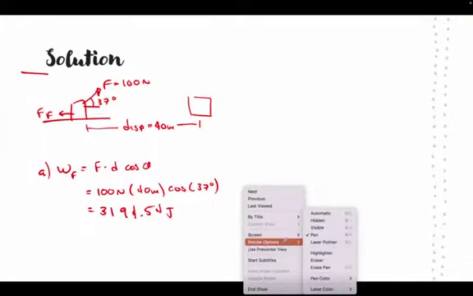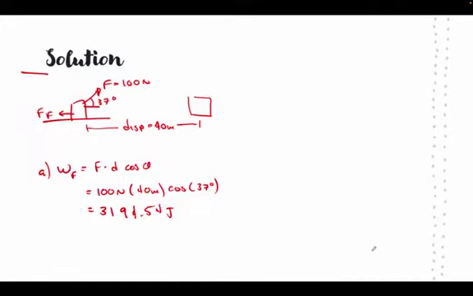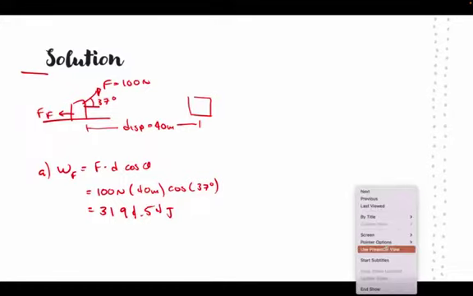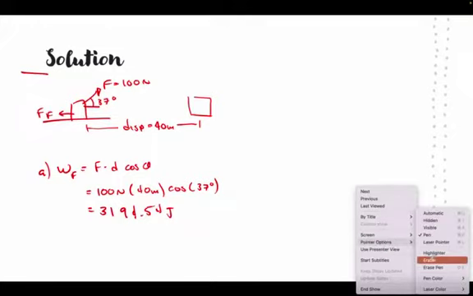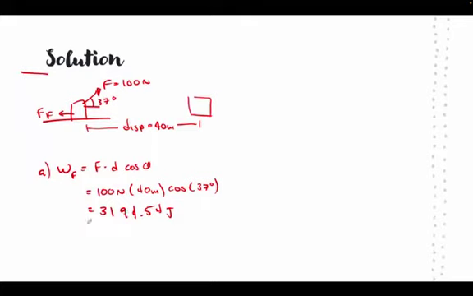Now, let's look at the work done by friction. And let's use a different color here. All right, so the work done by friction is going to be equal to force times distance times cosine theta.